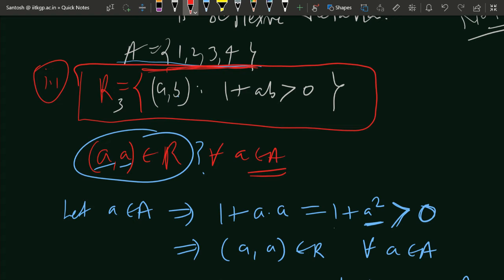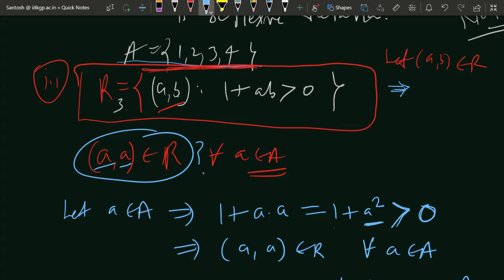So here, what do you see? You will assume (A, B) belongs to R. See how you will check. We assume that (A, B) belongs to R, where if means assumption. Now I need to check whether (B, A) belongs to R or not.